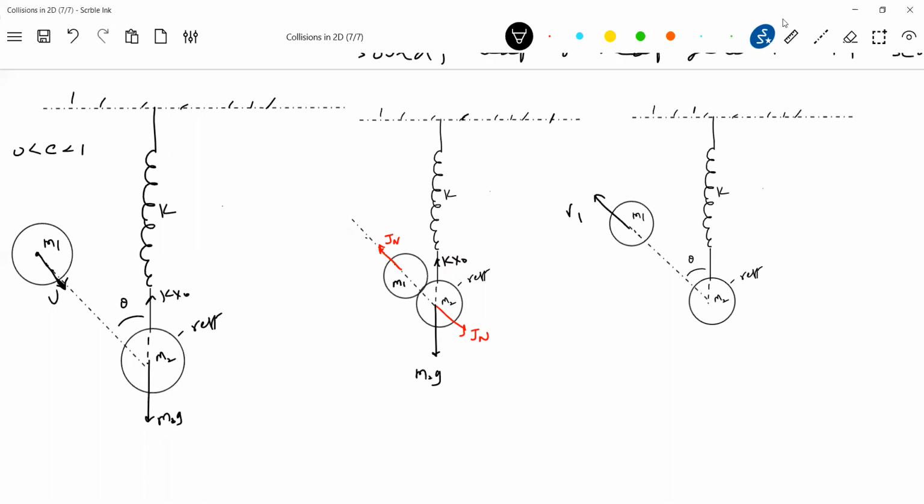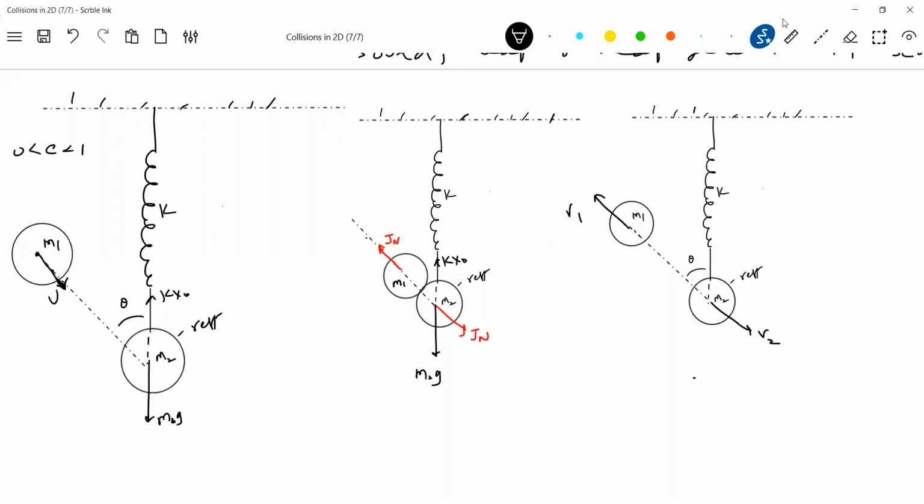I think it should move in a plane, no? Because of Jn acting, it will acquire a velocity v2 like this. Then one component of velocity will make the spring further elongate, and the other component will also make it move. So now sphere M2 will move in a plane. Earlier with the string it was moving horizontally. Now it can move in a plane.